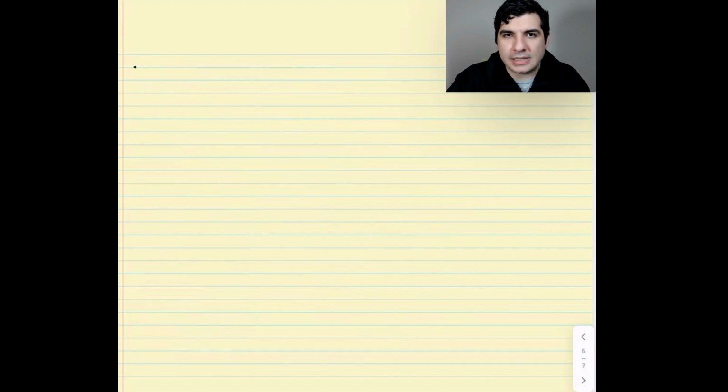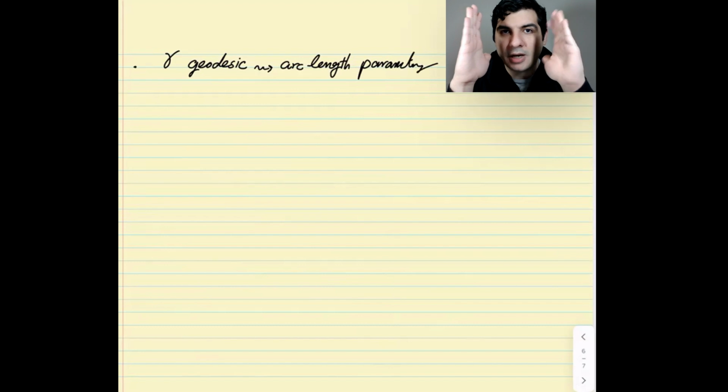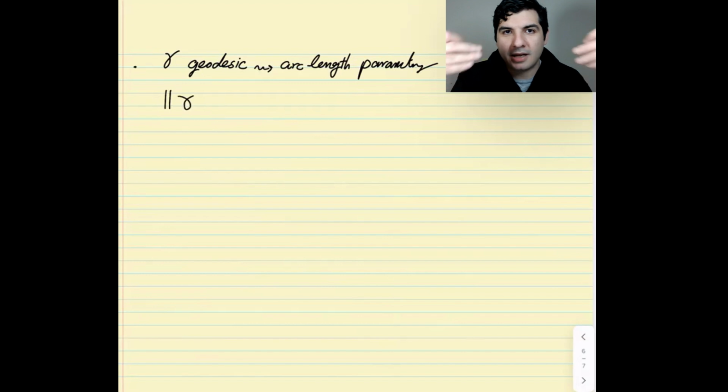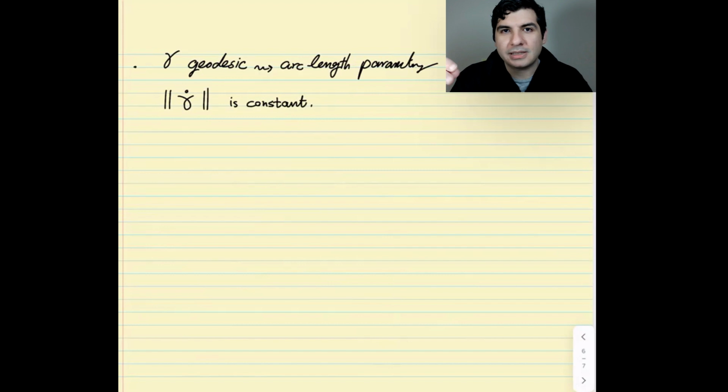When gamma is a geodesic, a solution to that equation, the natural parameterization is an arc length parameterization, in the sense that the norm of gamma dot, which is the norm of the velocity vector, kind of like speed, is constant. Which makes sense. The definition of a geodesic is that gamma dot should be constant, so it makes sense for its norm also to be constant, right?